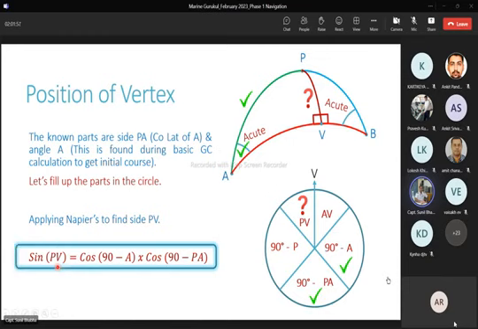This Papa Victor gives us the colat of the vertex. Exactly similar as Papa Alpha was the colat of position A, Papa Bravo was the colat of position B, similarly, Papa Victor is the colat of the vertex. So PV gives us the colat of the vertex and 90 minus PV gives us the latitude of the vertex. So latitude of the vertex has been obtained.